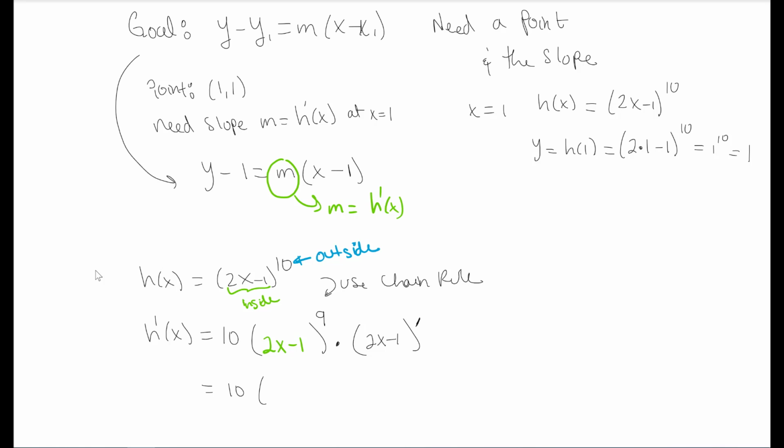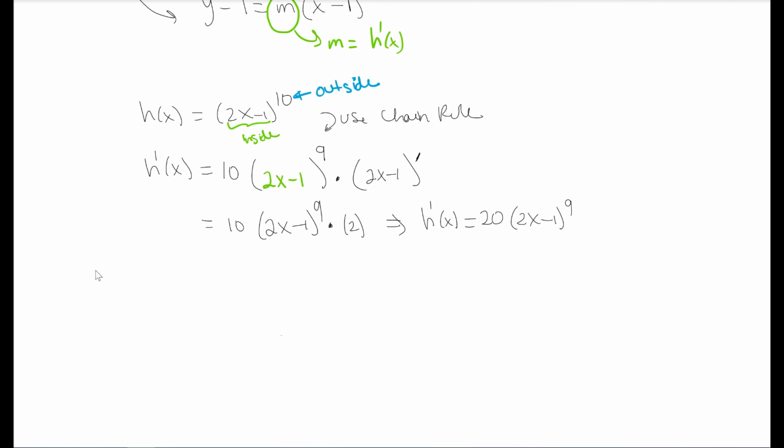So let's see, I'm going to have 10 times 2x minus 1 to the 9th times the derivative of 2x minus 1. The derivative of 2x is 2, and the derivative of negative 1 is 0. So I just get 2. So this tells us that h prime of x is, let's see, 10 times 2, so I get 20, 2x minus 1 to the 9th.